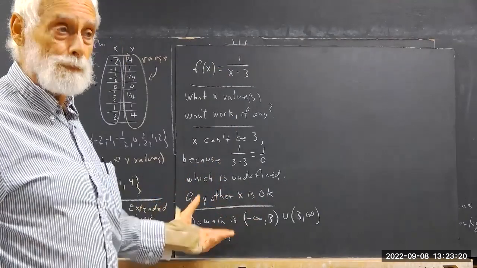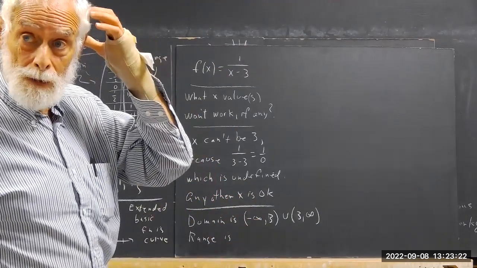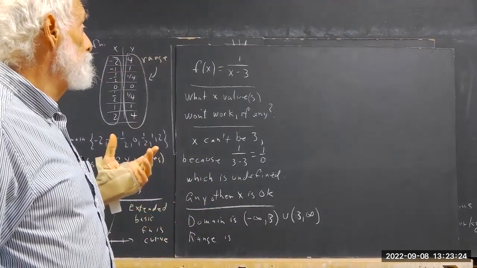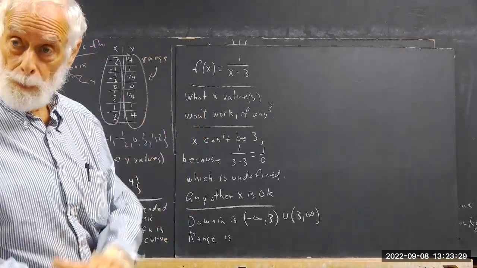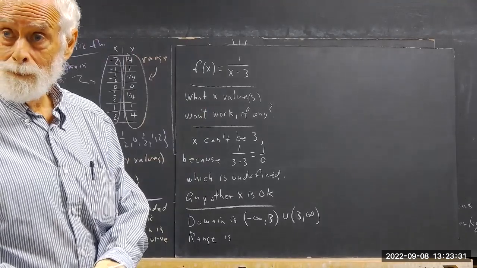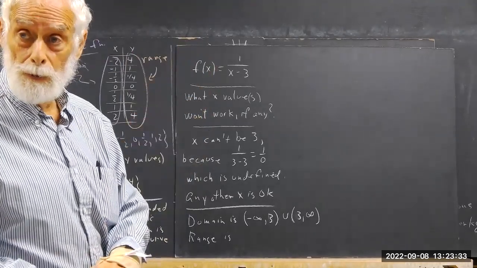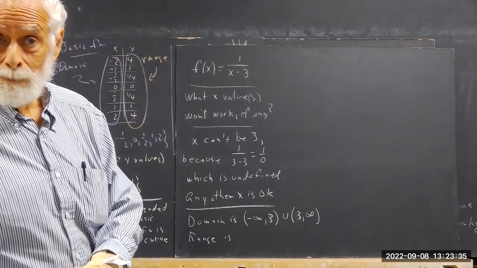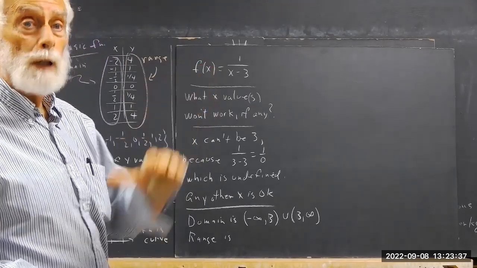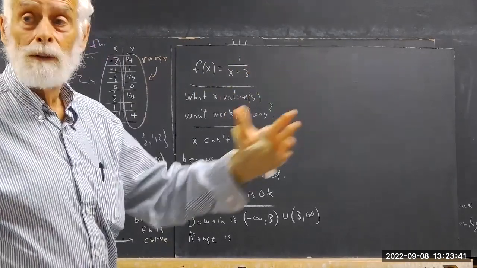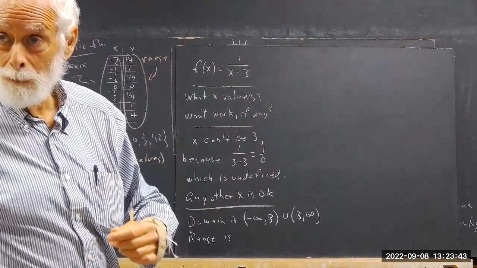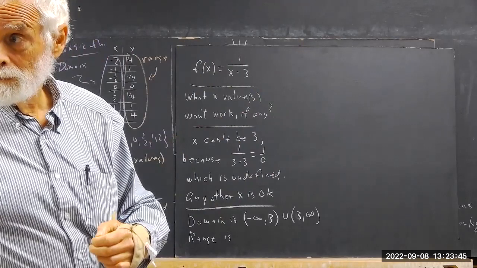That's while we're in the domain. If you divide 1 by a really big number, you get a number that's close to 0. If you divide 1 by a negative number, you get a negative number. If you divide 1 by a really small number, you get a big number, maybe positive, maybe negative. Okay? That makes sense?